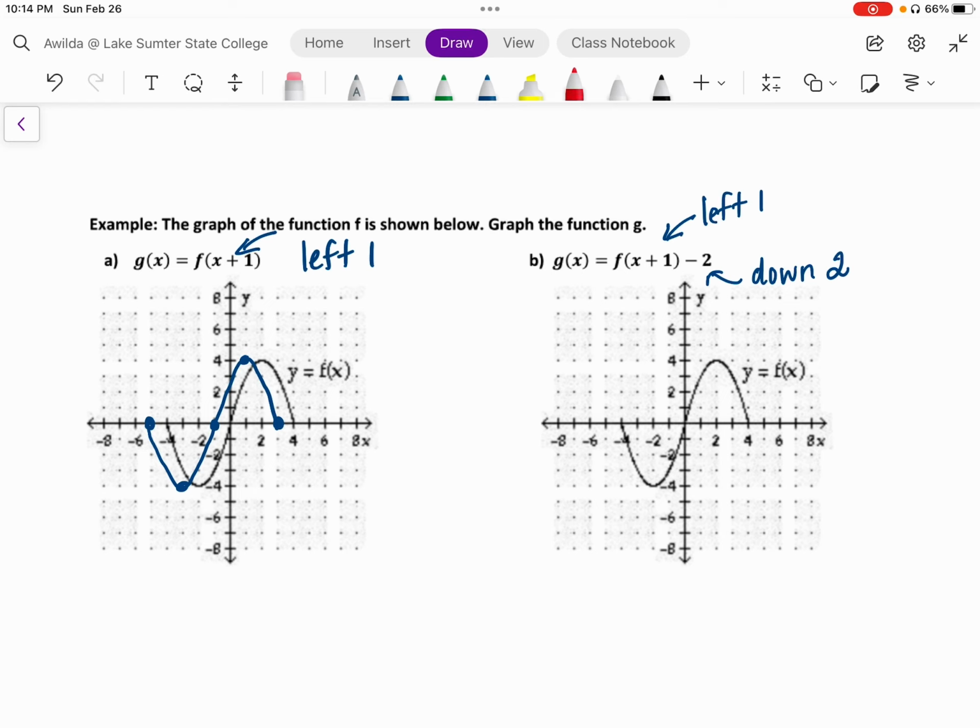So if I go ahead and use what I've done and move everything down 2 units, each point is going to move down 2 units. All those blue points are going to move down 2 units. So now if I connect those guiding points with a curve, I will have the function g of x.